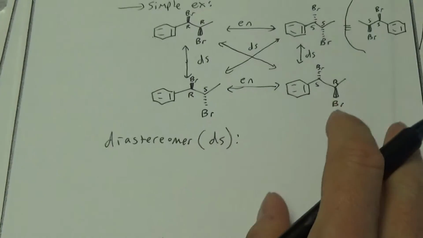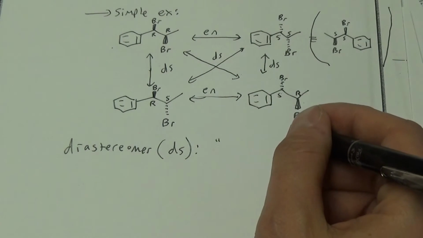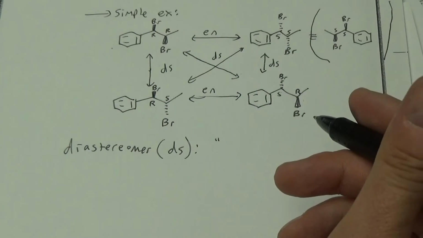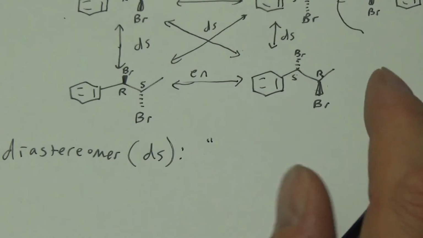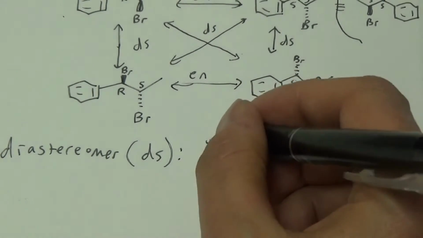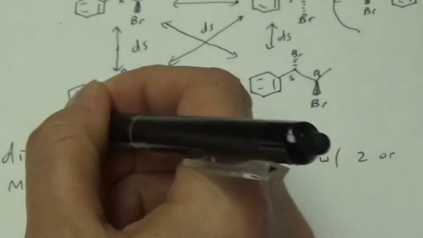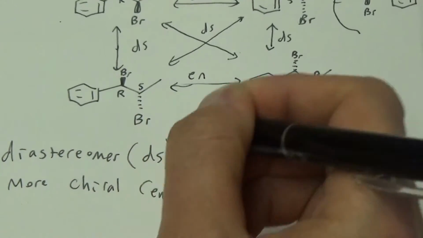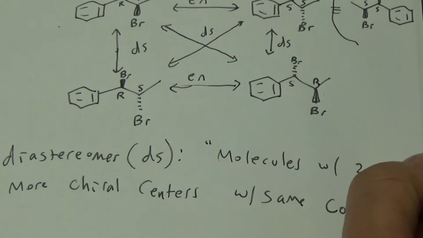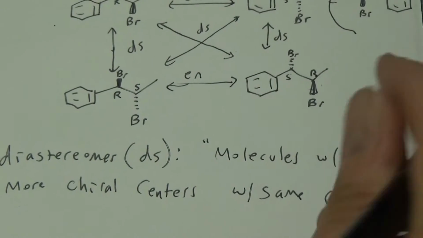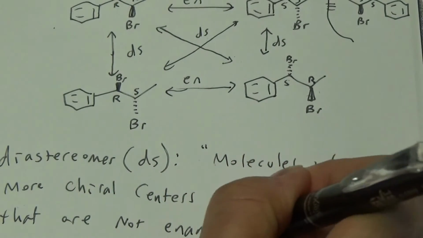I'm going to give the Mark simplified definition, and there's maybe more correct definitions the chirality nerds would provide, but I'm going to give the simple definition, which accounts for most of the diastereomers you're going to see in organic chemistry: molecules with two or more chiral centers with the same connectivity that are not enantiomers.